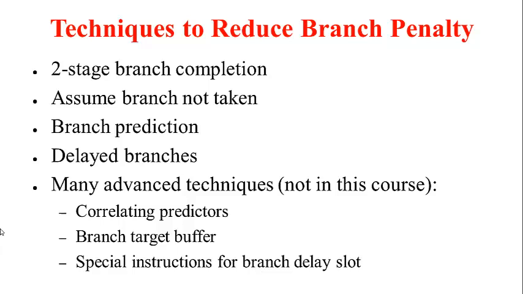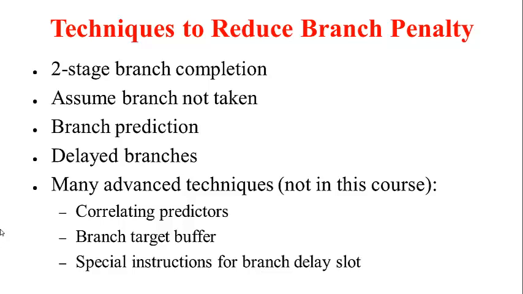There are many advanced techniques for addressing this branch penalty issue. Let me just mention a few of these. One idea is to use correlating predictors, where the predictor for one branch uses information from the history of another branch instruction. Another idea is that of using a branch target buffer, which in combination with branch prediction not only gives the predicted branch direction but also gives the predicted instruction in the branch target.